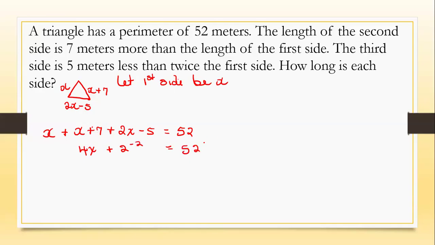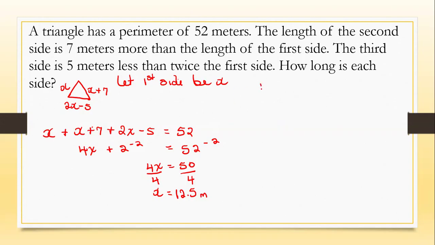Subtracting 2 from both sides, we get 4x is equal to 50. Dividing both sides by 4, we have x is equal to 50 divided by 4, which is equal to 12.5. 12.5, and that's meters.